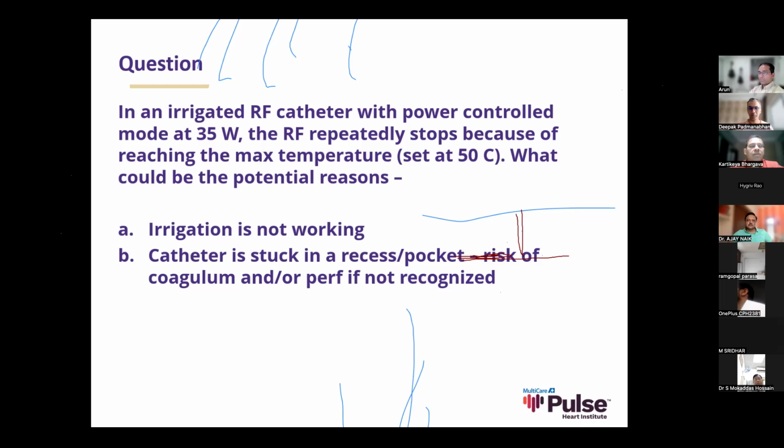For example, in the neck of a CS diverticulum, or in a CS vein, where when we ablate, or as you said, in the papillary muscle region, when your catheter is between the papillary muscle and the wall where the flow is very low, the temperature will rise very quickly, and so you will not be able to deliver enough power at all. That's why it's recommended to use an irrigated tip catheter in such situations. Right.